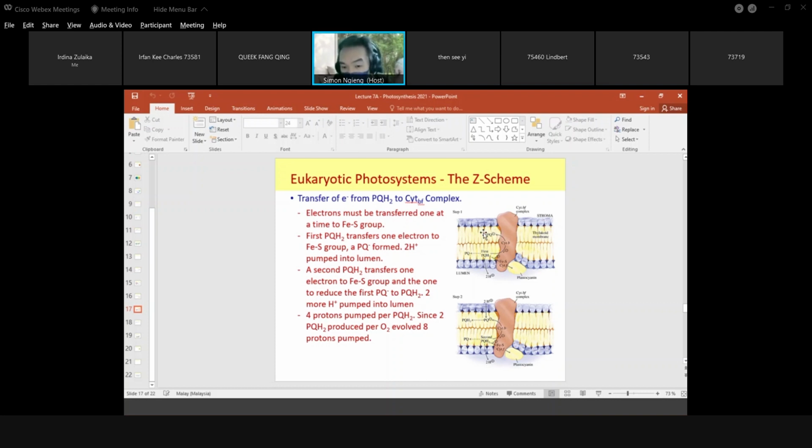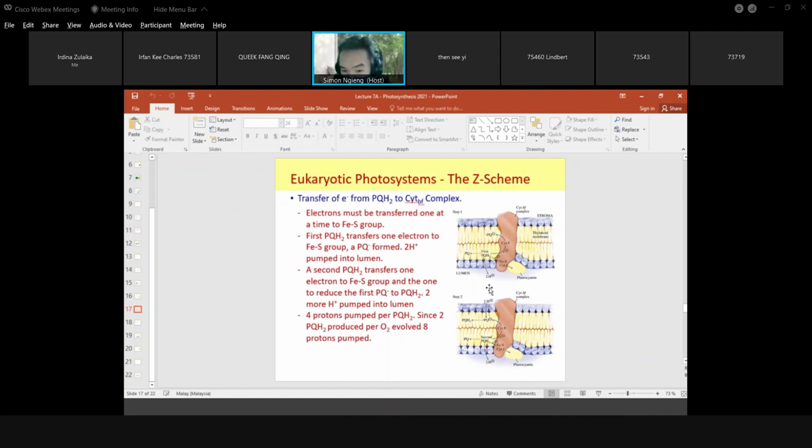Eventually this one will go back, and there's no more H2, so it becomes like this. There will be another PQH2 that comes along, and that is going to donate 2 more. One of it is eventually going to be passed back to this one, and with time, this is going to collect more and more, and eventually it can form back this, by collecting more hydrogen from the stroma.